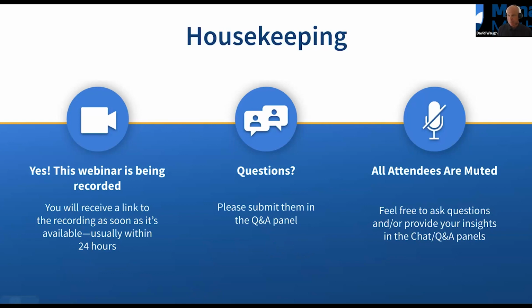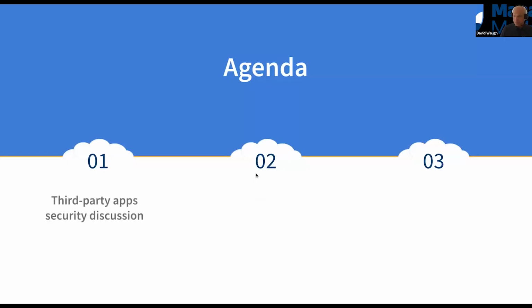Okay. So with that, we'll go ahead and get underway here. Our agenda today is, again, focused on third-party apps that are connected into your district's Microsoft 365 and Google Workspace environments, whether the apps are being installed on mobile devices, school-issued devices, whether it's a Chromebook, an iPad, a Mac, a PC, an Android phone, an iOS phone, you name it.